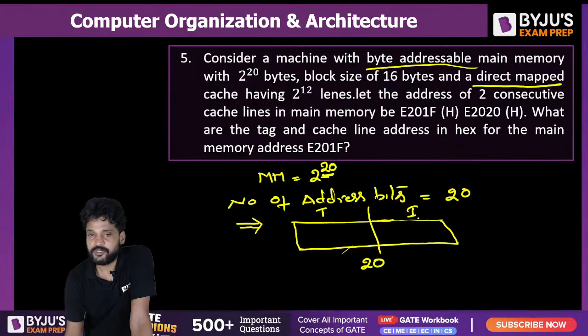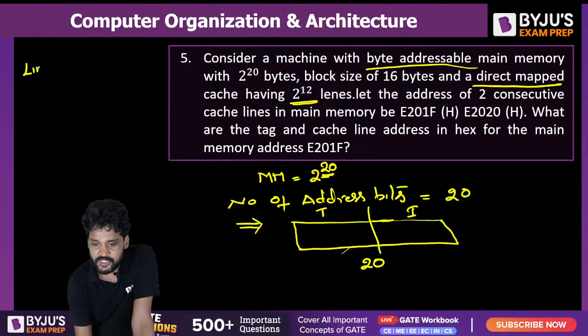What is index here? Index is the total number of address bits that are actually required to represent the cache memory. What is the total size of the cache memory? Here we are not provided with the size of the cache memory. We are provided with the total number of lines. Total number of lines is equal to 2 power 12.